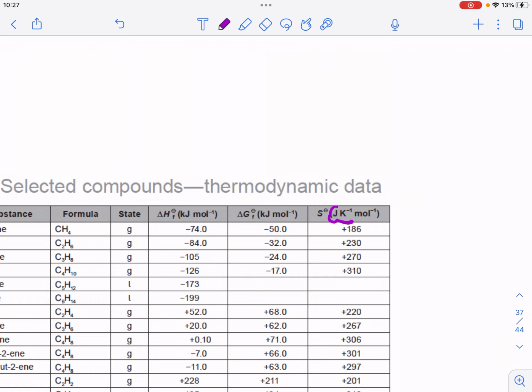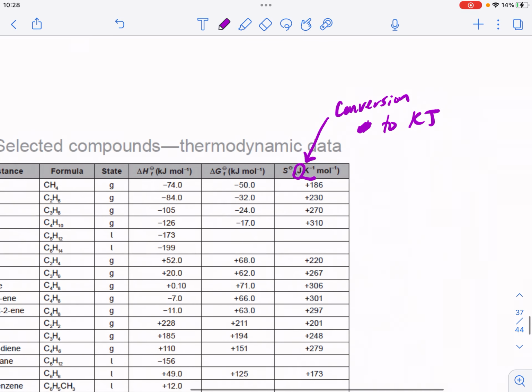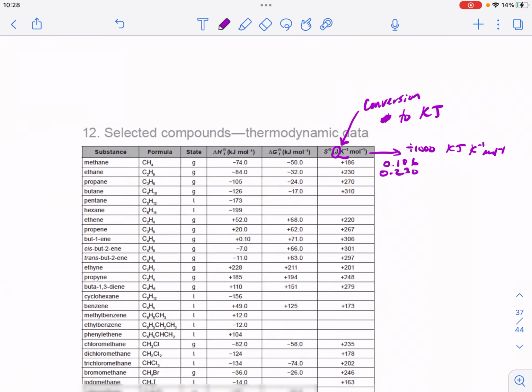But also you'll notice that the unit of energy in the S value is in joules. And so there's always going to need to be a conversion here to kilojoules. So the S values need to be divided by 1,000. If you do that, then you'll have them in kilojoules per Kelvin per mole. And you'll see that those values end up quite small that way, like 1.186 and 0.230. But that's actually how you should work with them when we do calculations with them.